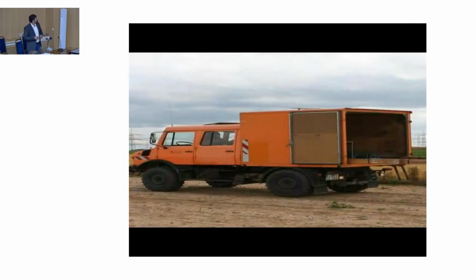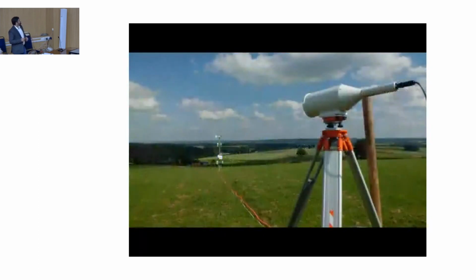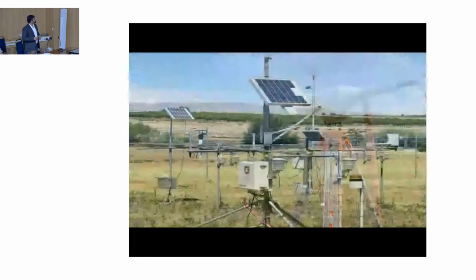You have truck-mounted sensors. Unfortunately, I think it's got cut over there, where you can see how the ground is below. You have sensors that monitor the fluxes or the evaporation, transpiration from the plants, from the soil. Similarly, this is another instrument called the scintillometer, which again measures the radiation and the fluxes.